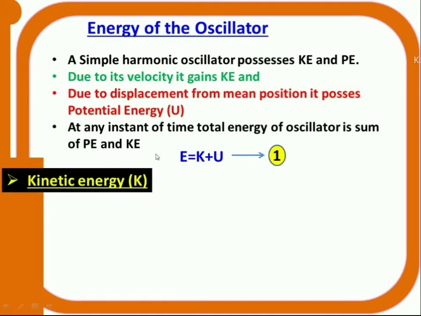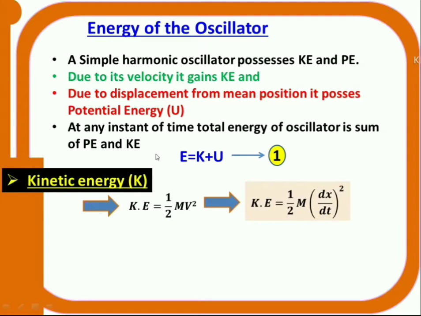Kinetic energy, general formula K is equal to half m v square, right? That implies half m, where v means velocity. Velocity is equal to dx by dt. So half m (dx by dt) square. But actually what is the displacement? x is equal to a sin(omega naught t plus theta), right?